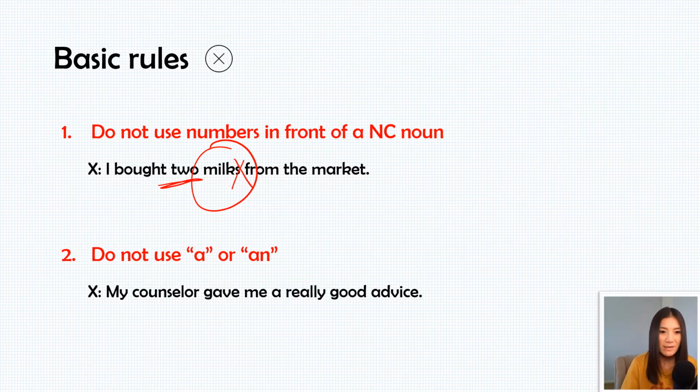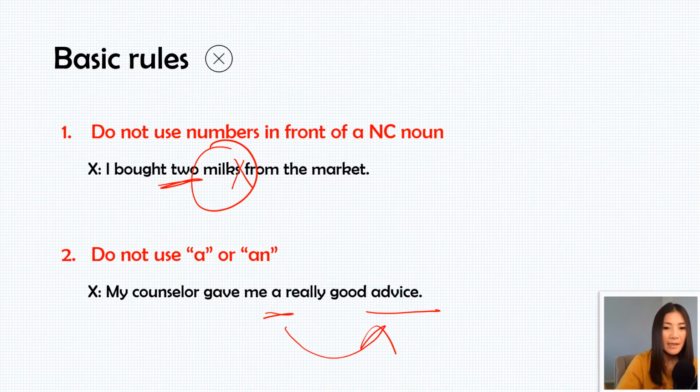The second one says, do not use the articles a or an in front of a non-count noun. For example, my counselor gave me a really good advice. Here it says a really good advice, but the word advice is non-count, so you're not allowed to have that article.